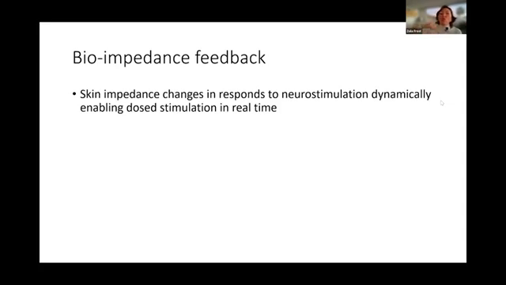It's not going to overload this stimulation, and it will be happening in real time. So when the skin impedance drops, current is allowed into the system, I call the system the organism or human body, and when skin impedance goes up, it disallows this current to get in.